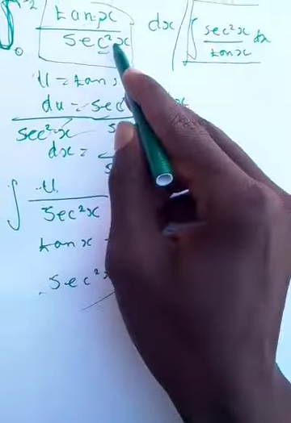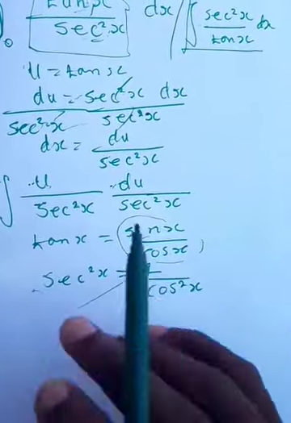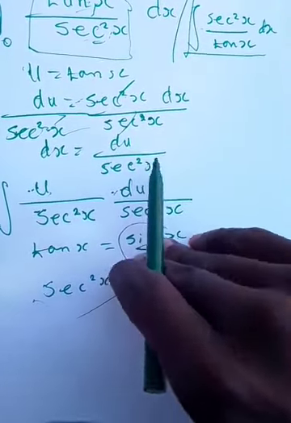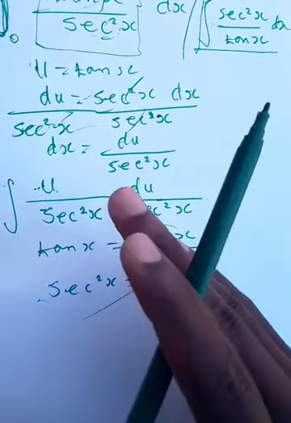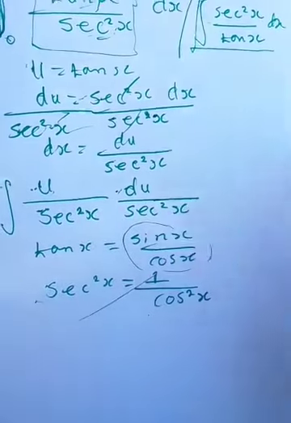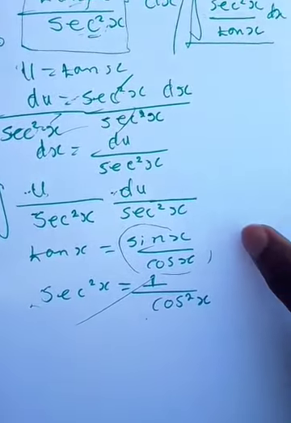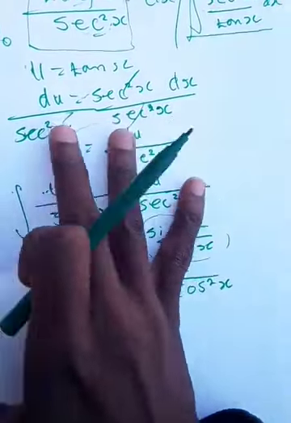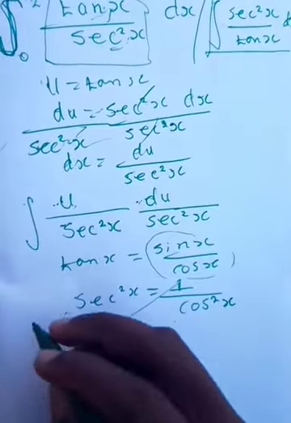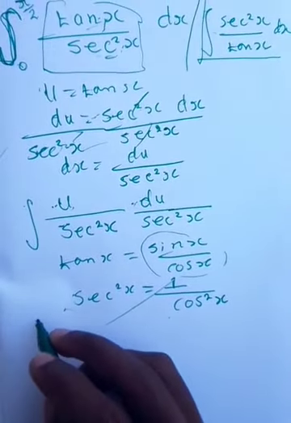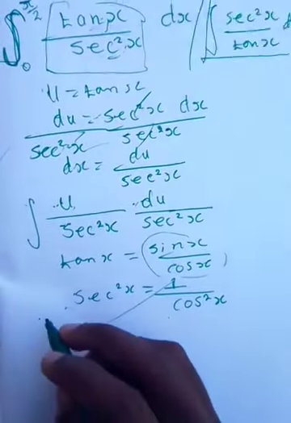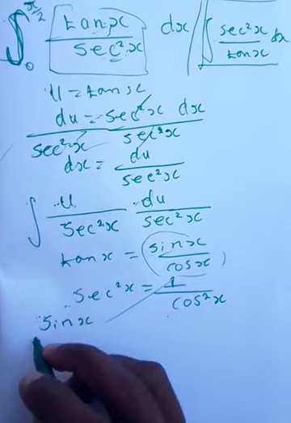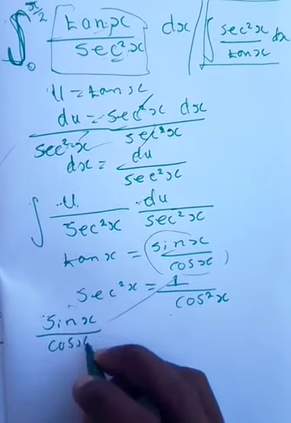Where it is sec squared x, I'm going to substitute this one. Then we simplify. What we end up with after we simplify is what we are going to integrate, and that will determine the method we use, because there are many methods that we can use to integrate. So let's simplify. Where it is tan x, I'll say sine x over cos x, right?